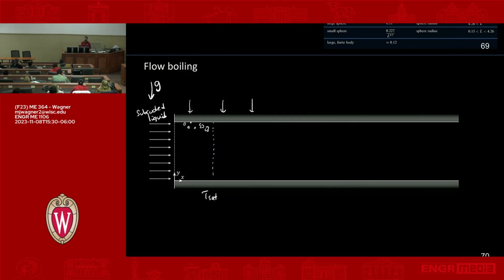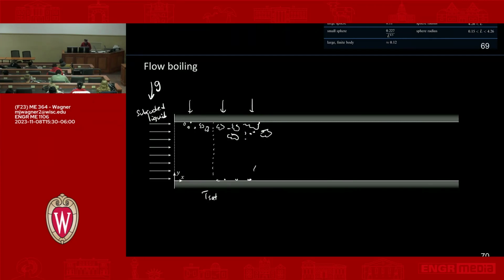So Tsat occurs a little bit in, and then at this point, you start to get these bigger bubbles forming, like this. So there's a mix of bigger and smaller bubbles. There are some smaller bubbles on the bottom.